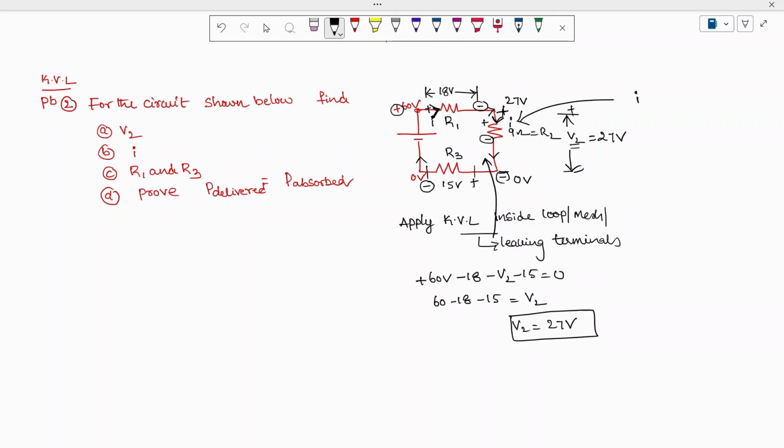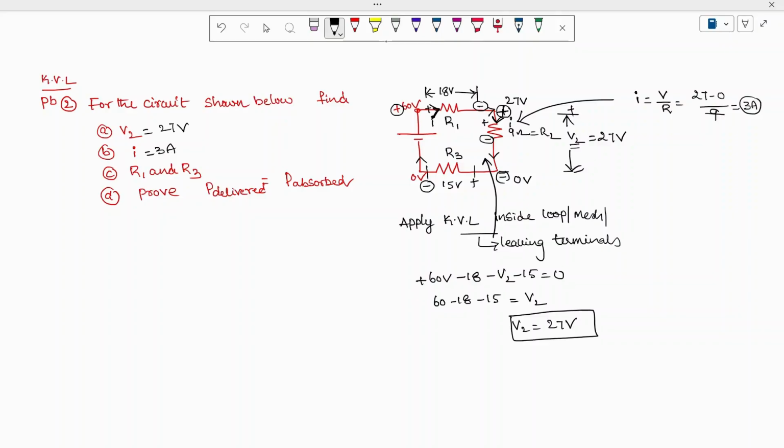By nodal analysis, the current I is equal to V by R. The voltage is high potential minus low potential. The high potential is 27 volts and the voltage at this point is 0. So 27 minus 0 divided by R, which is 9, gives a current of 3 amperes. So current I is equal to 3 amperes, and voltage V2 is equal to 27 volts.